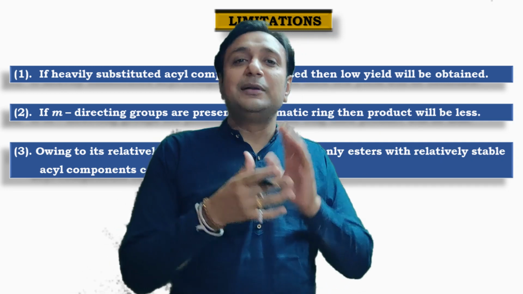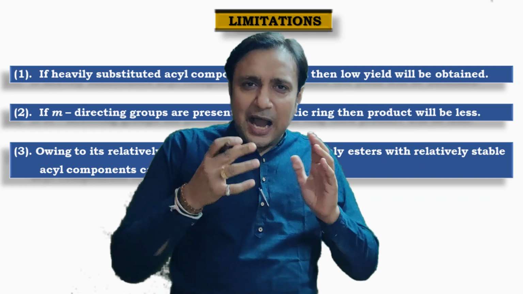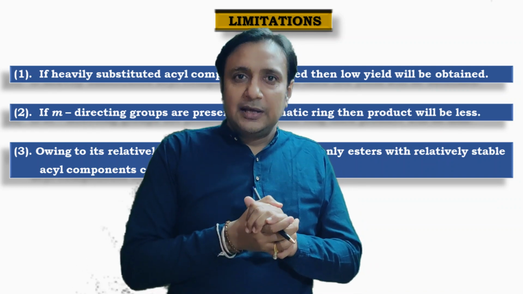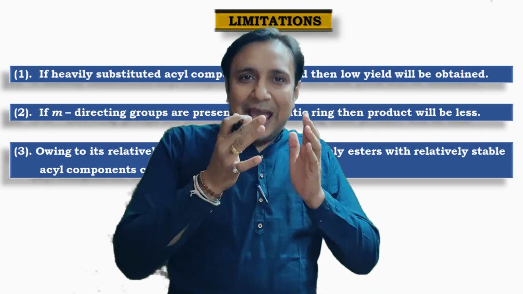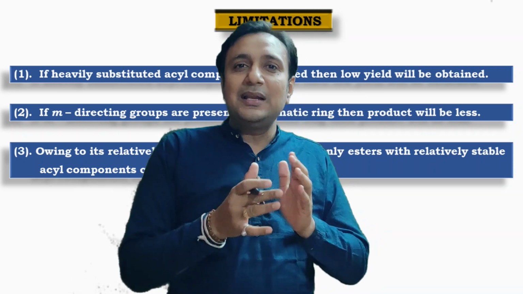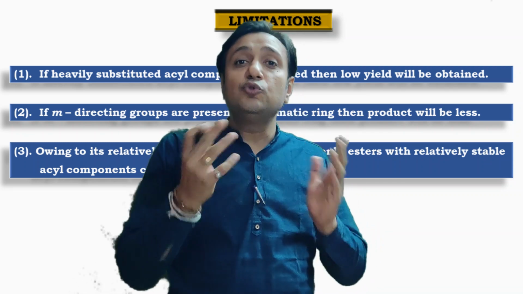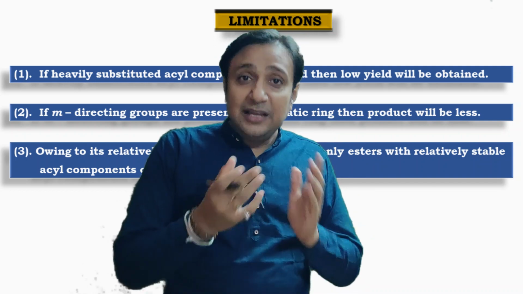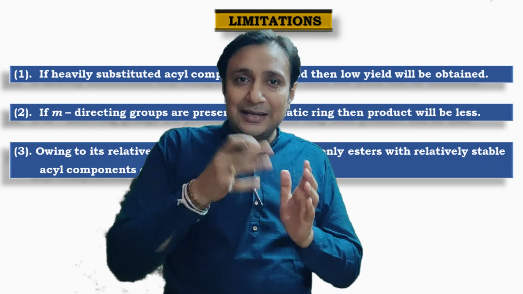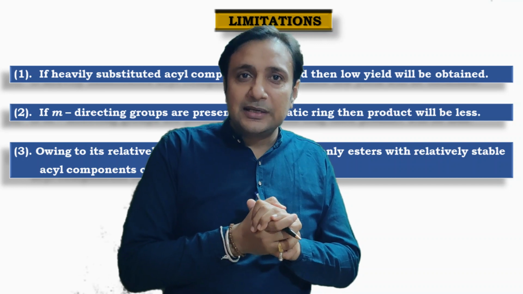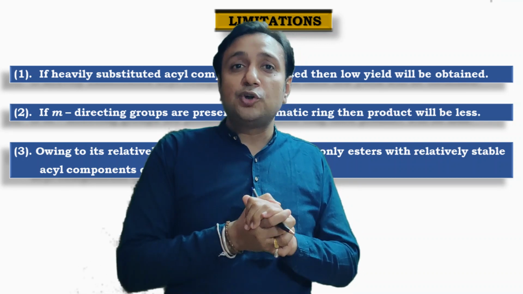And the third limitation, due to its harsh conditions, only esters with stable acyl components can be used in the reaction. If we use unstable acyl components, then the reaction might not occur.